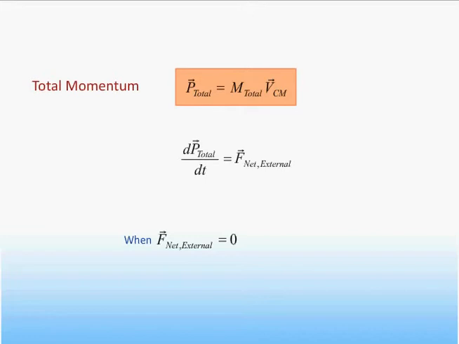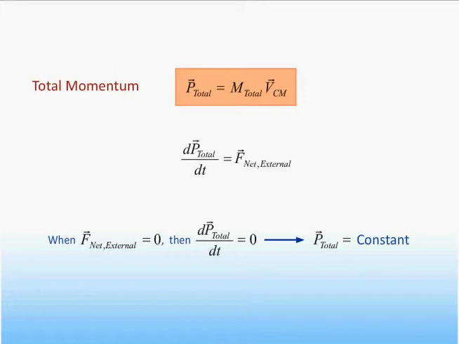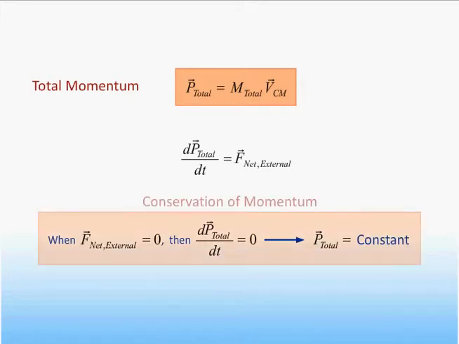Note that when there are no external forces acting on the system, the time rate of change of the total momentum is zero. In other words, if the total external force is zero, then the total momentum of the system does not change in time. In this case, we say that the momentum of the system is conserved. We will now work out a couple of simple examples that illustrate momentum conservation.